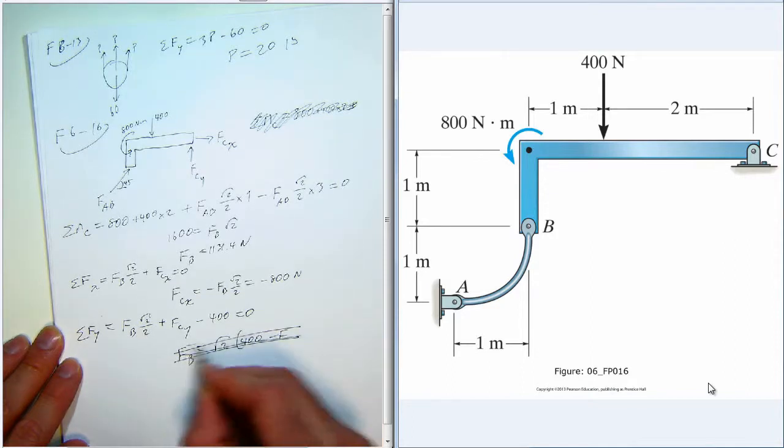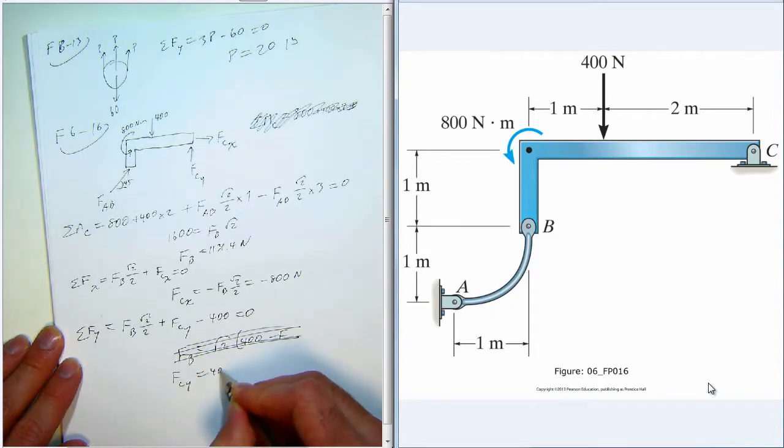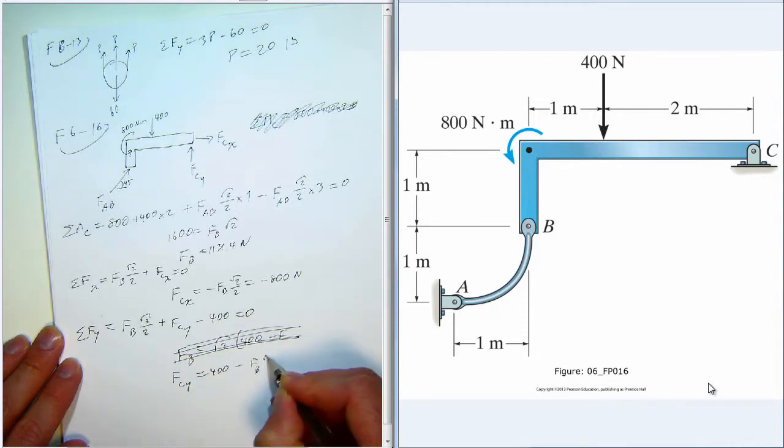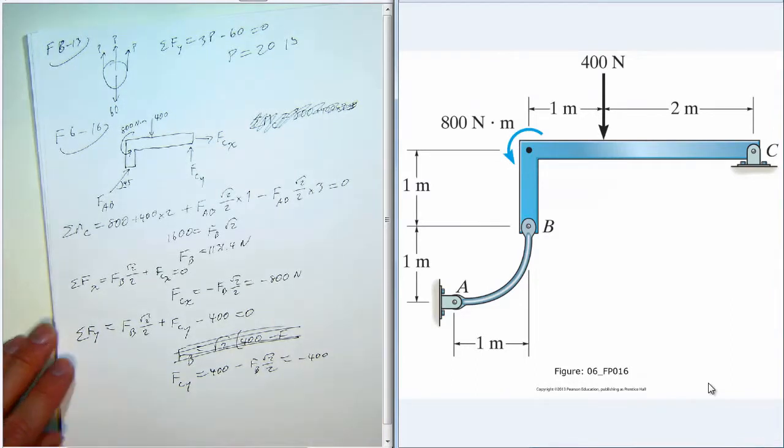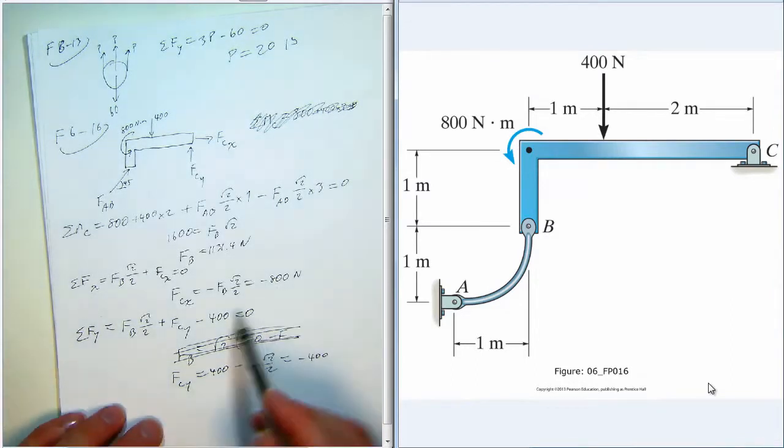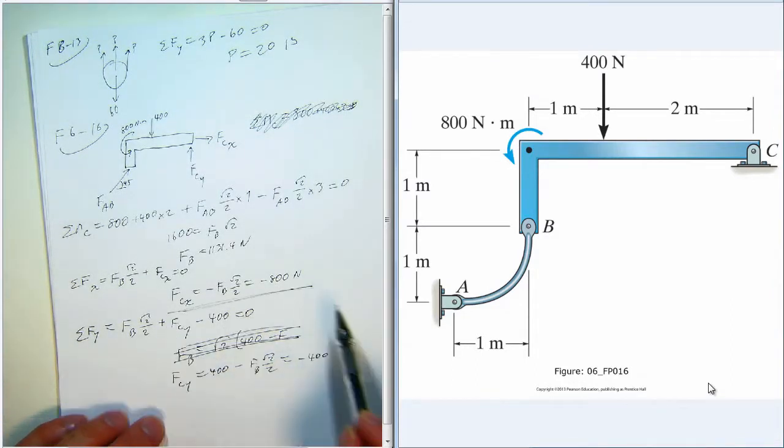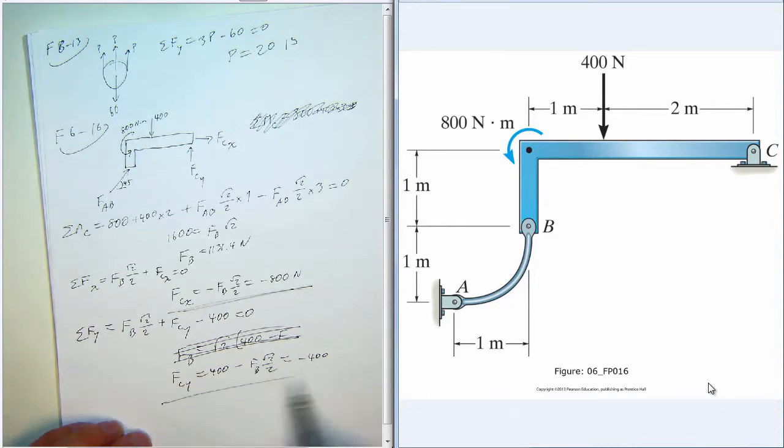That's not what we want. We want to solve for FCY. So FCY is equal to 400 minus FB square root of 2 over 2, which is negative 400. So we have that FCX acts left at 800 newtons, and FCY acts down with 400 newtons.